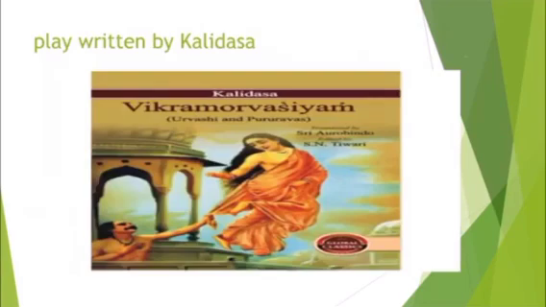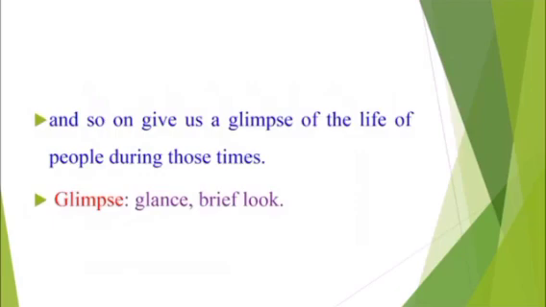Play written by Kalidasa, and so on, give us a glimpse of the life of people during those times. Here, glimpse means glance or brief look. So, these literature give us a brief look of the life of people during those times.